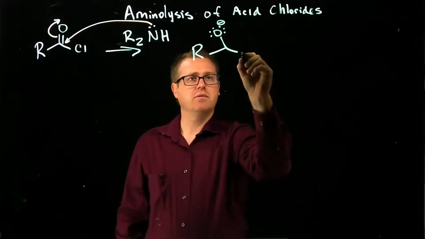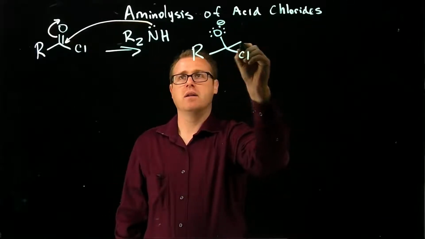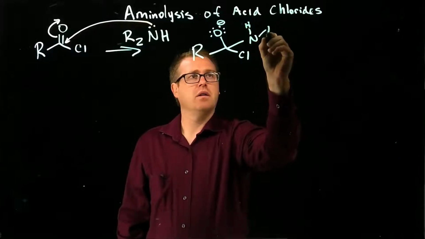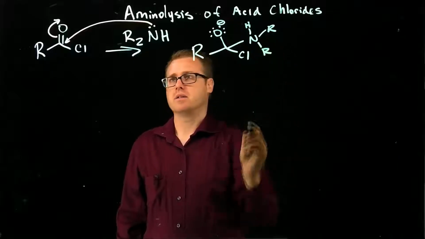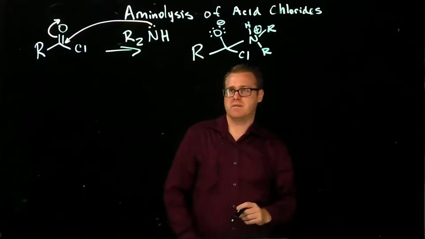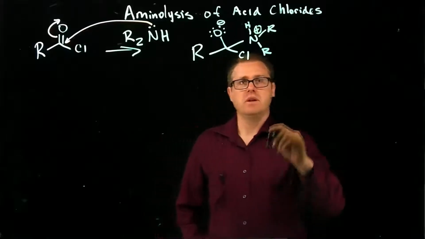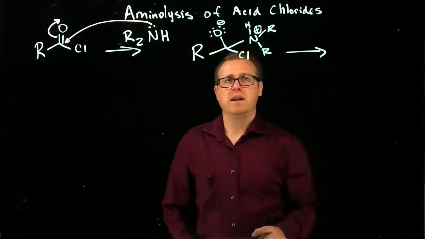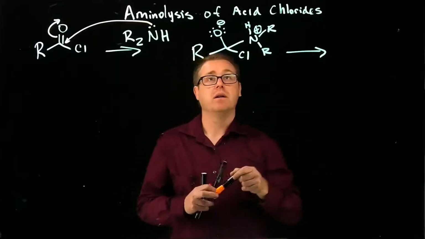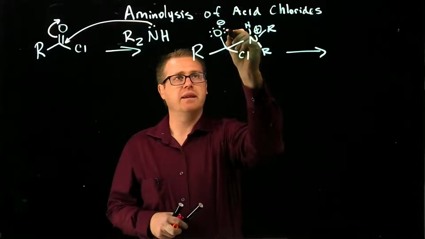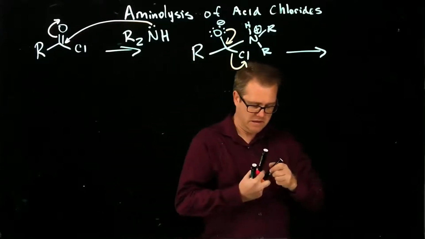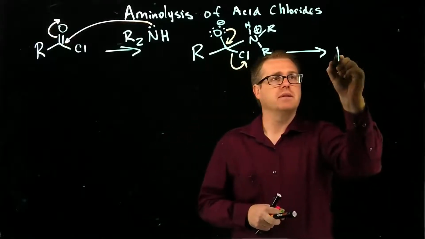Negatively charged. We have our chlorine still there. Nitrogen H, R and R. So that nitrogen has 4 bonds, so that's going to be positively charged. So what's going to be our next step? Well, we have a tetrahedral intermediate that's going to collapse down to kick off the chloride. That will give us this species.